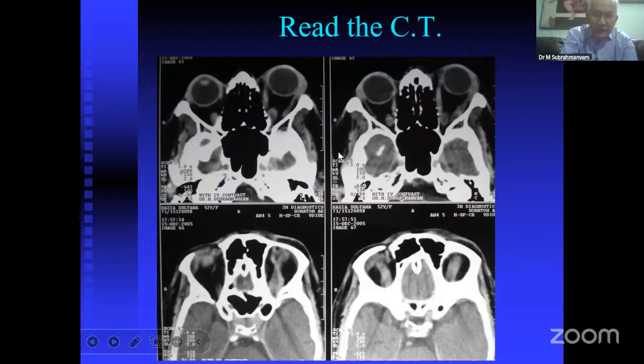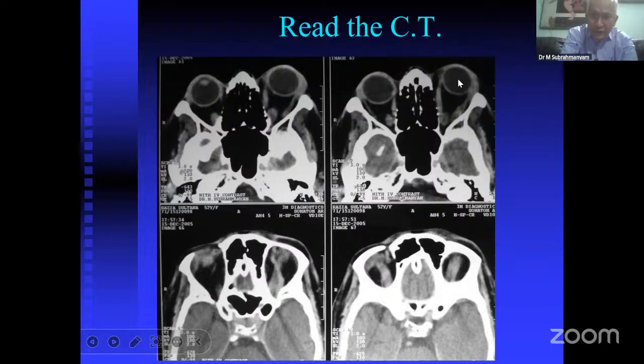What do you see here? Here you can see that there is a proptosis on the right side. If you draw a line connecting the anterior-most part of the lateral wall at the mid-level, it should cut the globe 2/3 to 1/3. But here it is going below that.